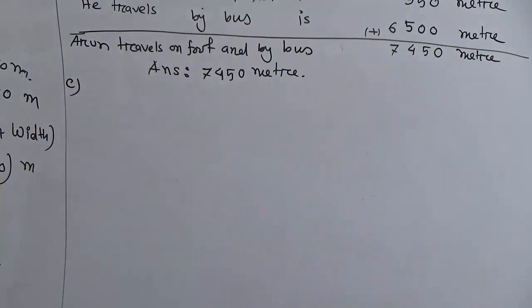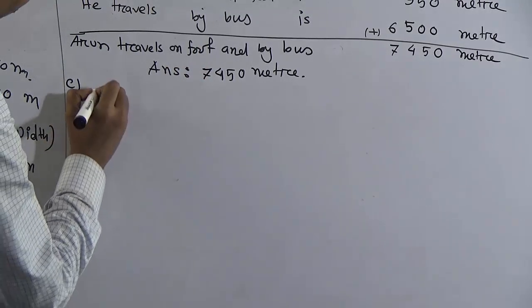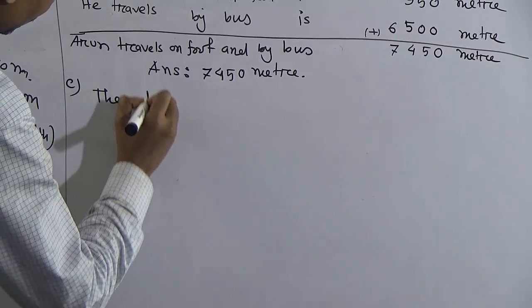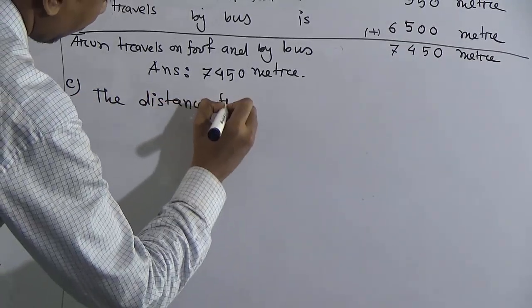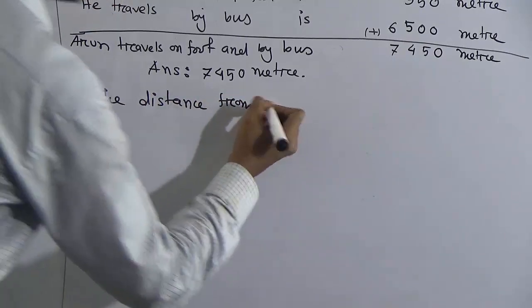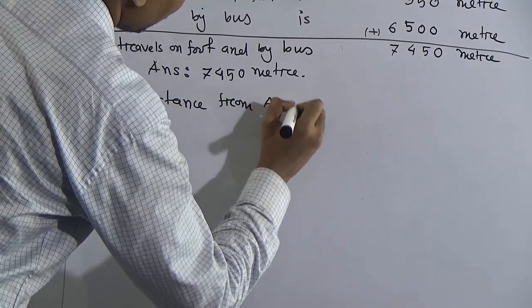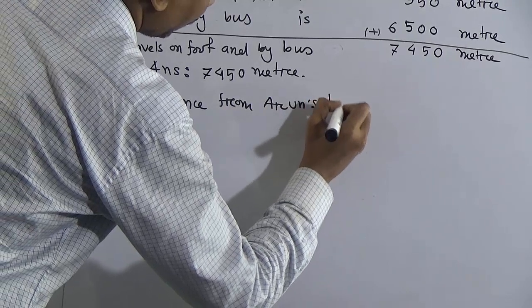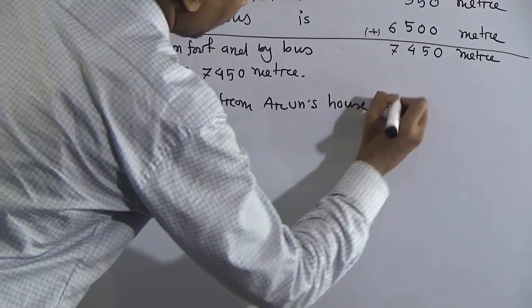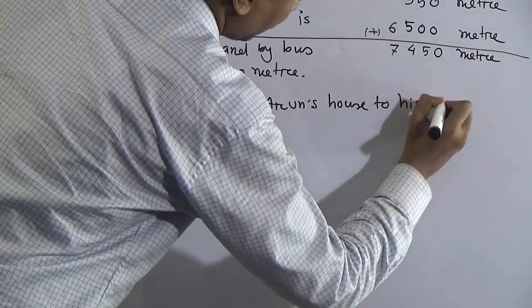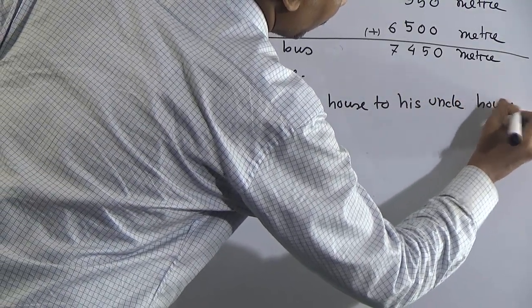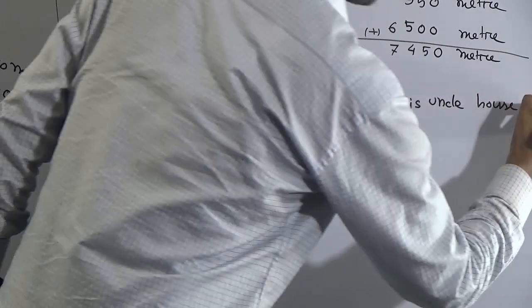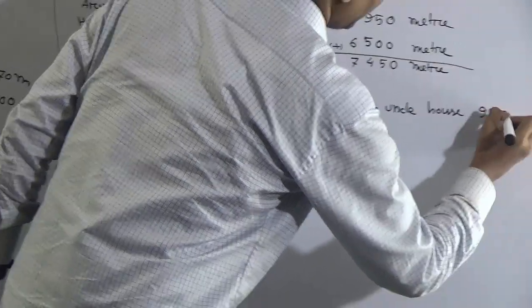Okay, so to write this way, the distance from Arun's house to his uncle's house is 9800 meter.